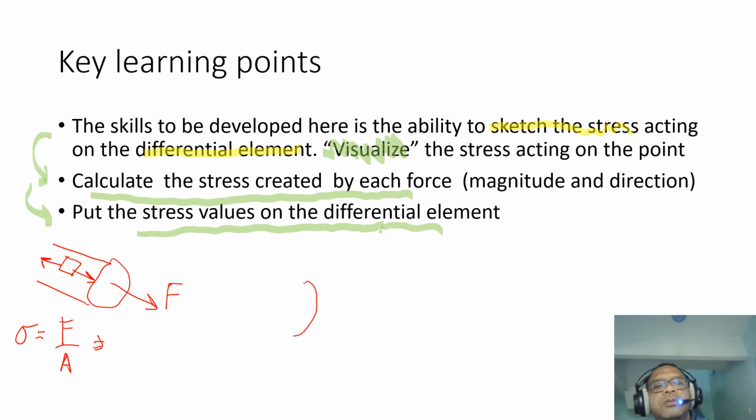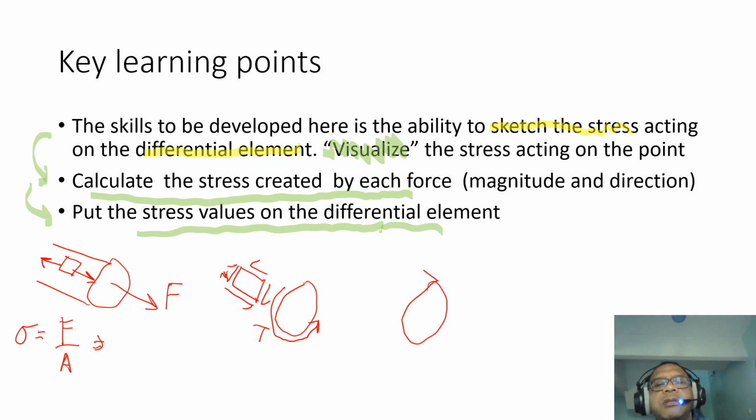Similarly for torsion, if you have a torsion T, you look at the element here, just follow the direction of the torque, tail to tail, head to head, so that's your differential element.